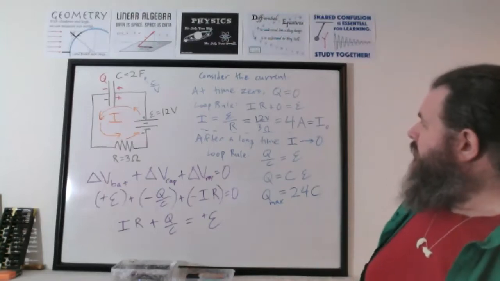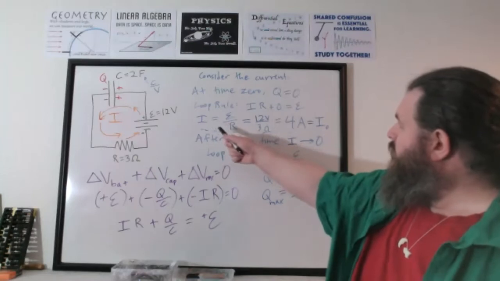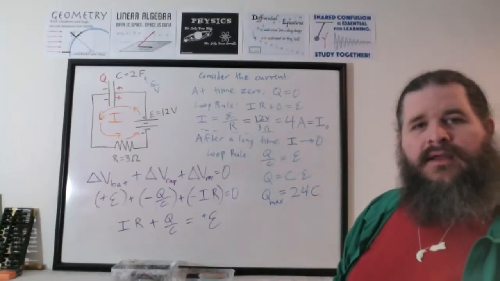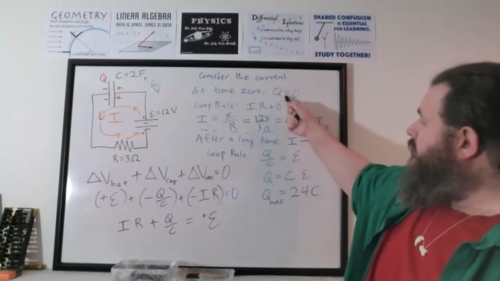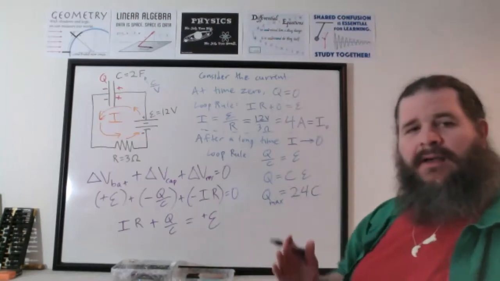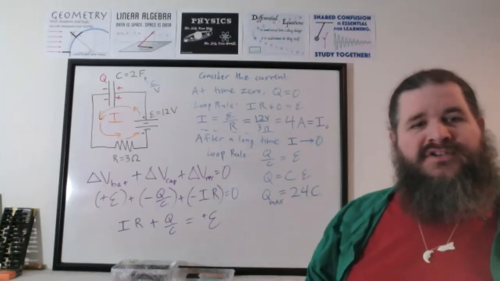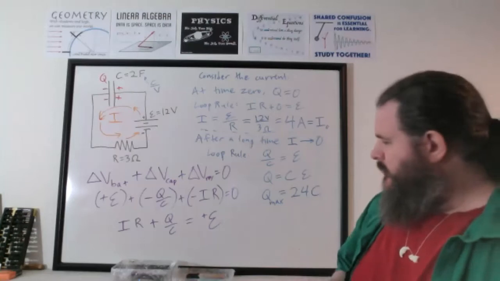So we can now say that the current starts at 4 amps and decays towards 0 as an asymptote. And meanwhile, the charge in the capacitor starts at 0 and grows upwards towards 24 coulombs as an asymptote. And we should now be able to graph both of those.